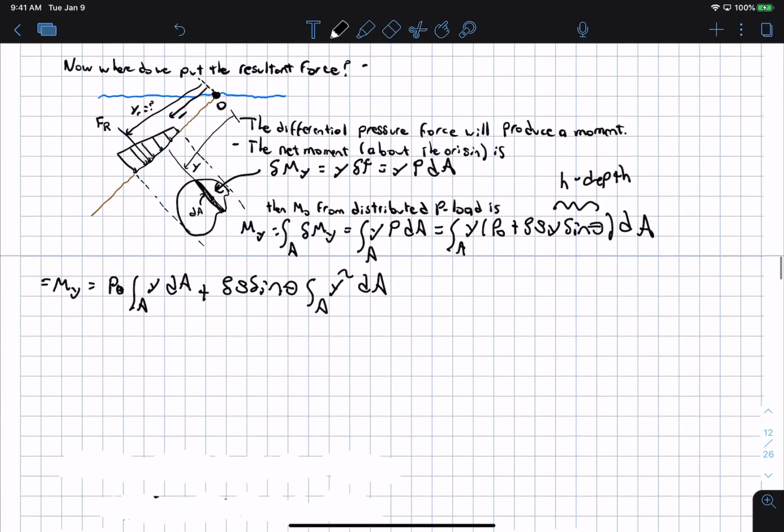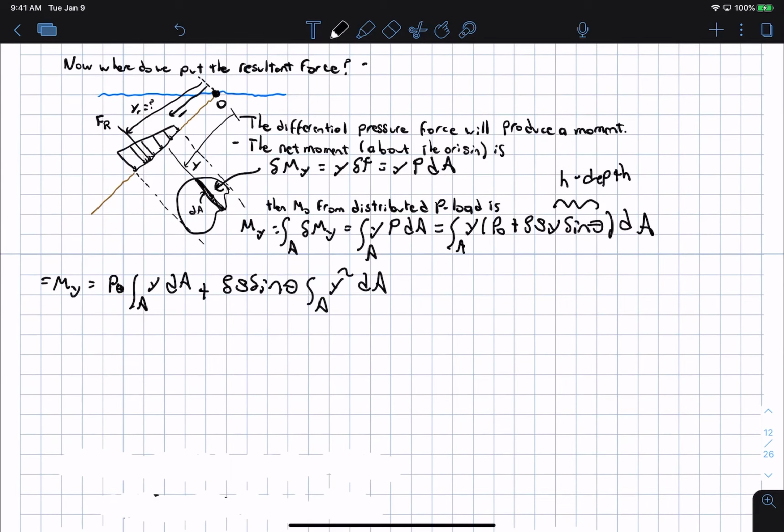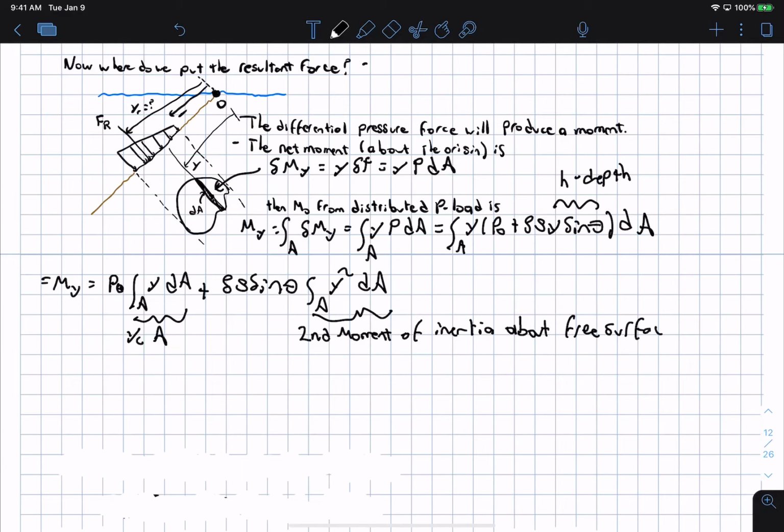Okay, well, we already know what this term is here. This here is just the y value of the centroid times the area, which we defined above, and that's just a result from your statics. And the integral of y squared is the second moment of inertia about the free surface. So this is the second moment of inertia about the free surface, and that would be Ixx.